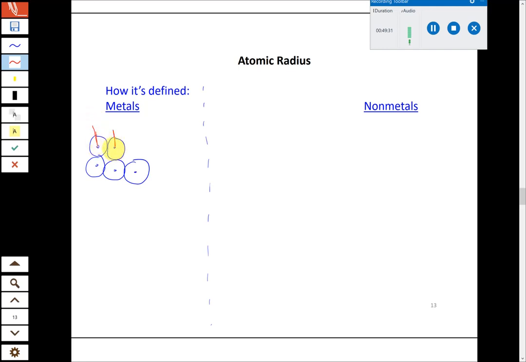So these little dots at the center are the nucleus of each metal atom. The circle represents the boundary of the electron cloud as it is. And this distance here is something that we can measure experimentally. And so the metallic radius, as it's called, or more generally the atomic radius of a metal atom, is going to be 1/2 of the distance between the nuclei.